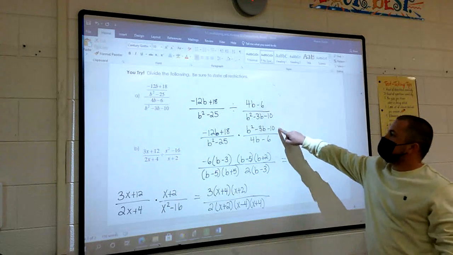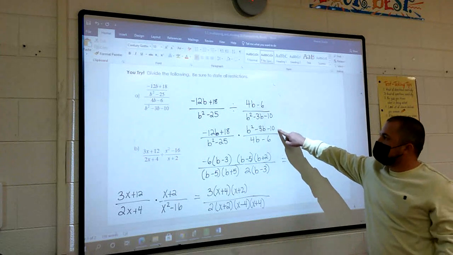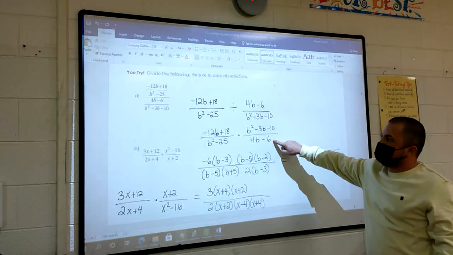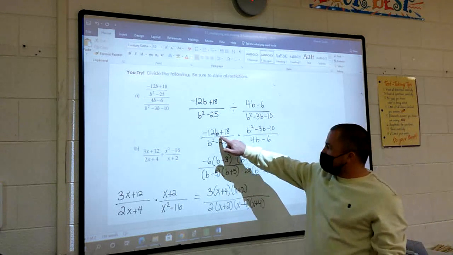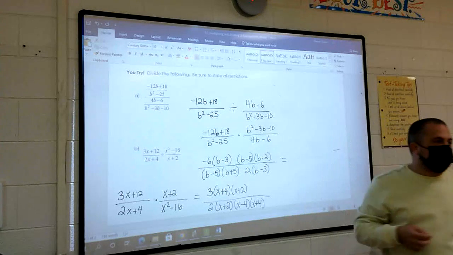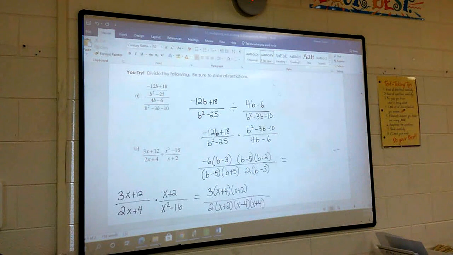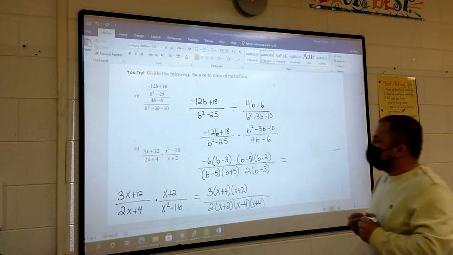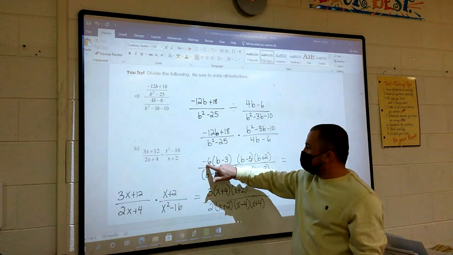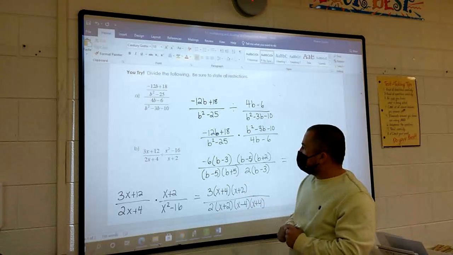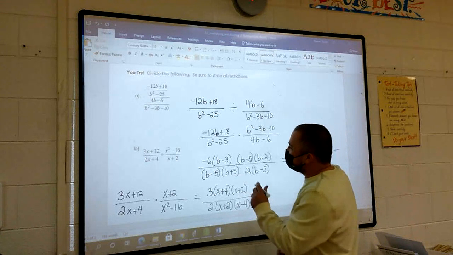So the b squared minus 3b minus 10 is on top, and the 4b minus 6 is on the bottom. Now, negative 12b plus 18. Negative 12 and 18, I can take out a negative 6. And if I take out negative 6, negative 12b divided by negative 6 should be 2b, right? Yeah.